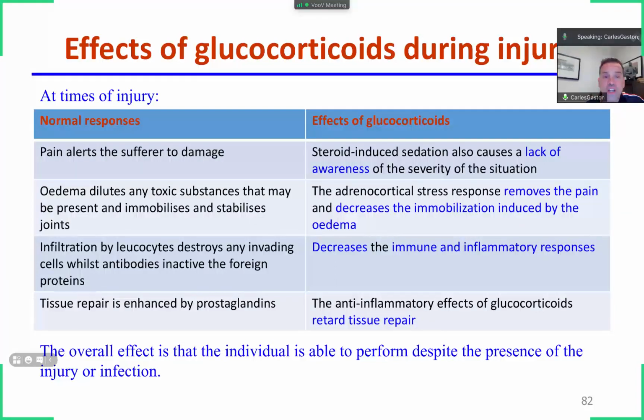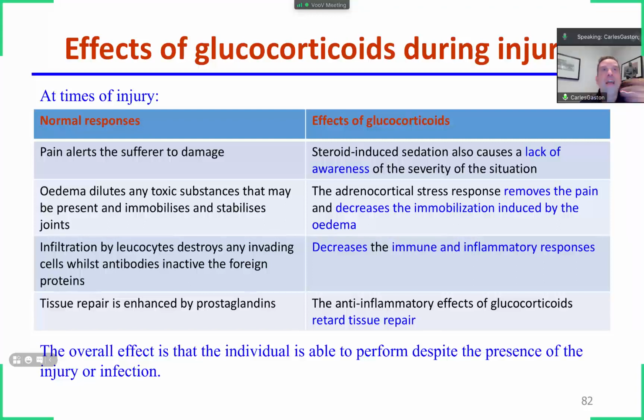The adrenocortical stress response removes the pain and decreases immobilization induced by the edema. Infiltration by leukocytes destroys invading cells while antibodies inactivate foreign proteins. What glucocorticoids are doing, as I showed you, is decreasing the immunoinflammatory response.